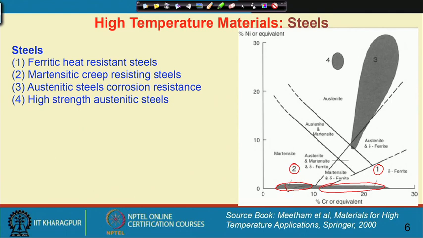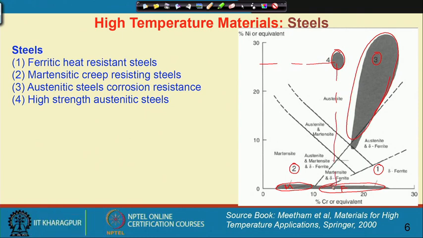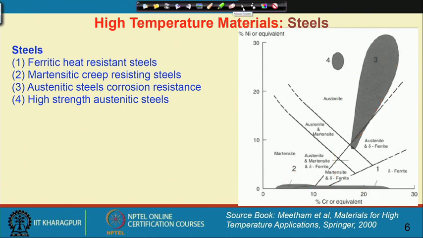And for austenitic grade corrosion resistant steel, the domain is here, so far developed. And this is a very special high strength austenitic steel which has relatively high nickel and high chromium content. So, let us now start our discussion with the ferritic heat resistant steel, what is expected and what we have developed so far.